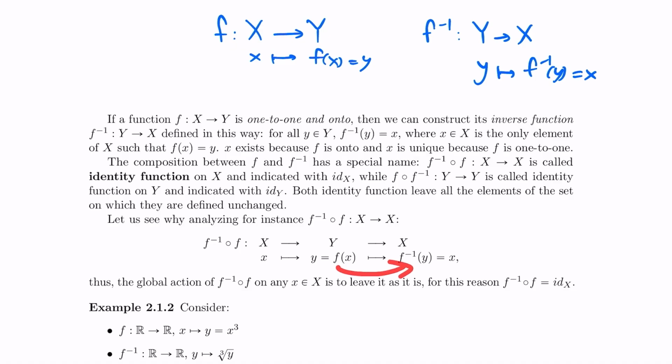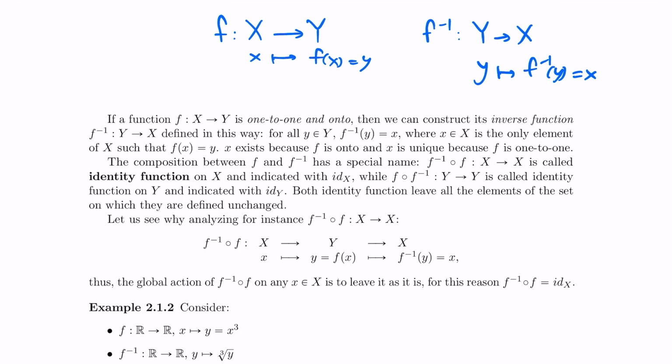And so we apply f minus 1 to y, but remember that f minus 1 applied to y gives back x. And so this function here is the function defined over X and which takes values in X that transforms x to x. So it doesn't do absolutely anything for all the elements of X. For this reason, it's called the identity function on X.